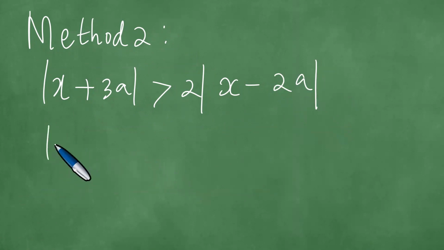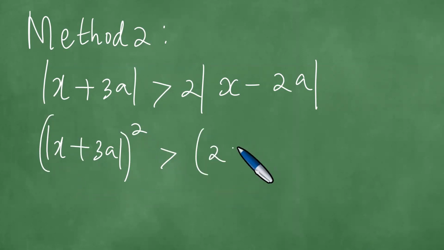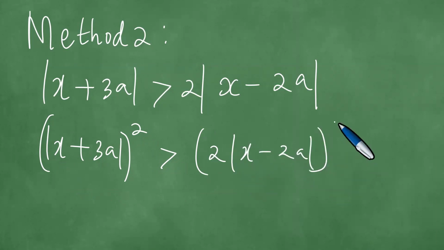And to solve this, an alternative method is to square. So you square the left, but you also square the right-hand side. Square.